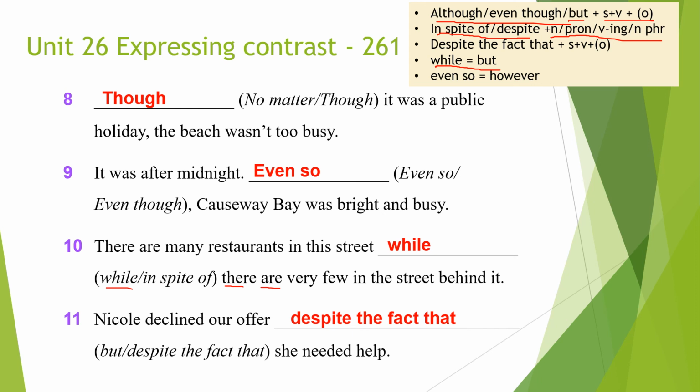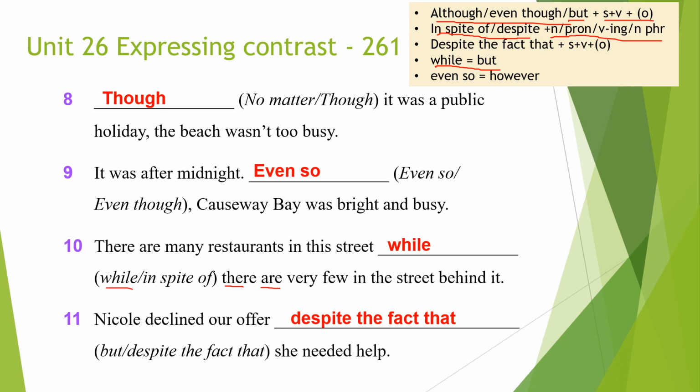But "but" is also followed by subject and verb. Which one do we choose? If you look at the meaning, "despite the fact that" means although she needed help, Nicole declined our offer. So even though she needed our help, she still declined, rejected our offer. So it seems that "despite the fact that" makes more sense here. If you use "but", the meaning is a bit different.